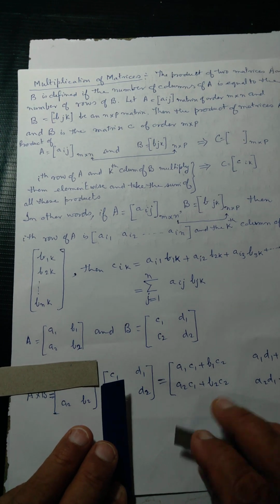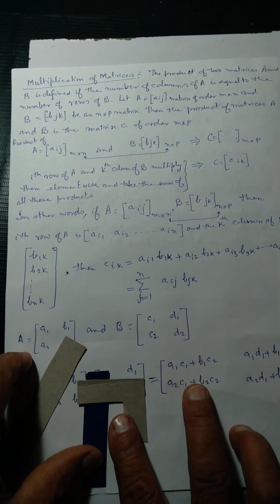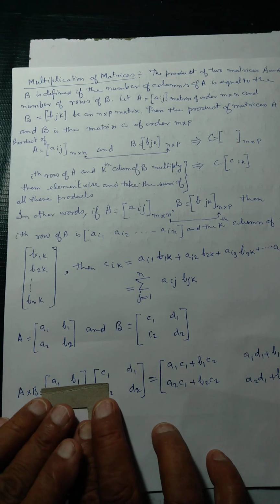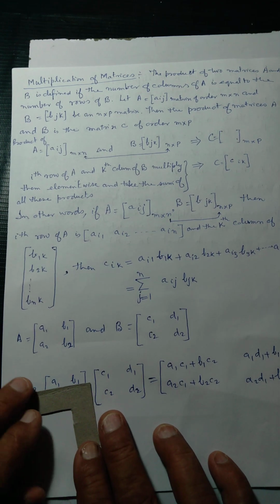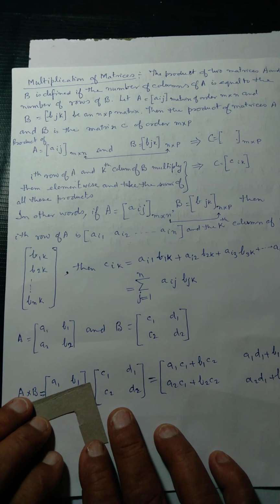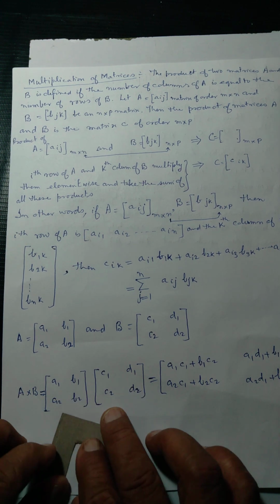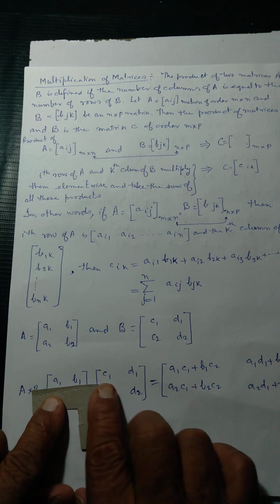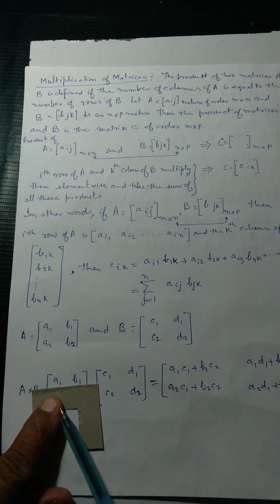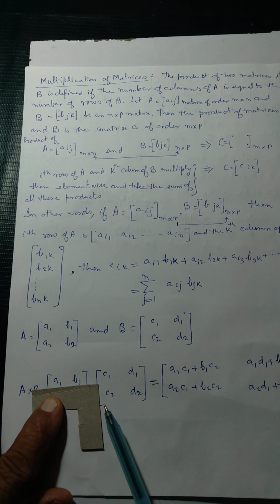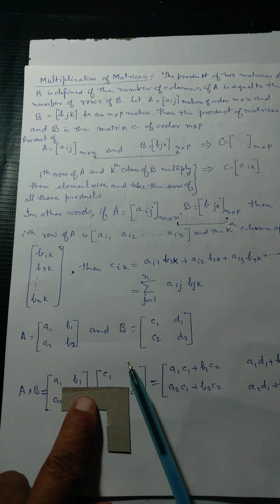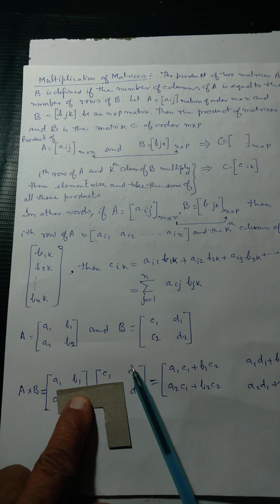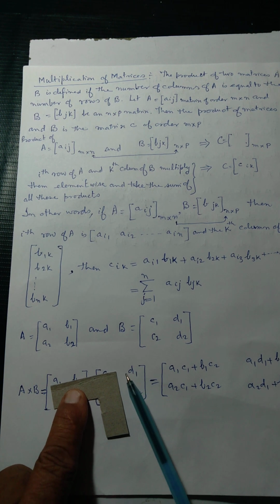Or you can just make a figure like this, or you can use a set square for the time being. Put this sign here like this: A1 C1, B1 C2. Here you have to move further. You just have to cover it.